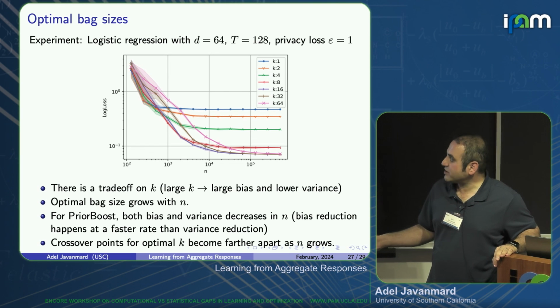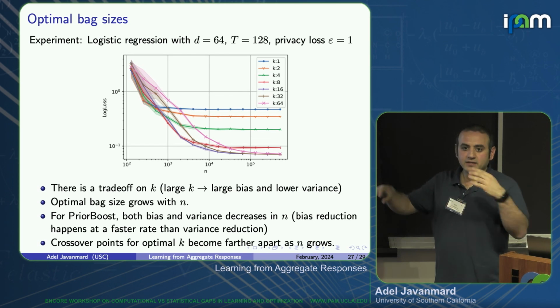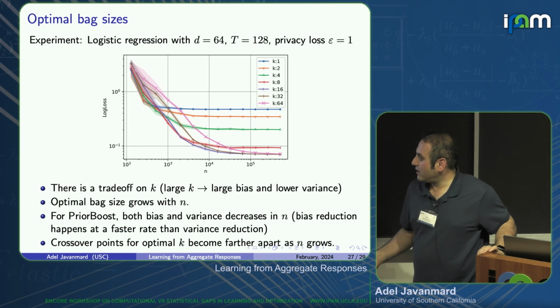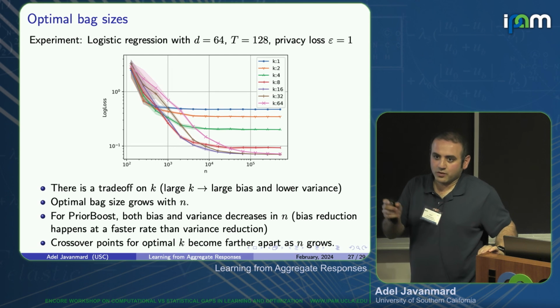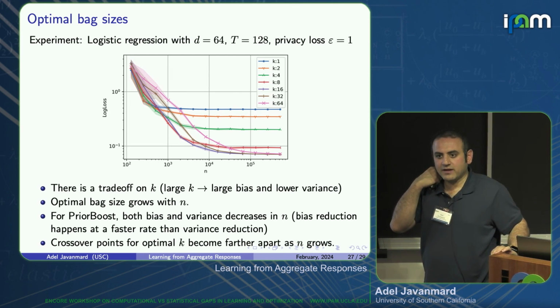So if n is larger, it means that the variance becomes more important than the bias. And because of that, larger k would be better, because larger k means you are aggregating over larger bags. Okay? But if n is small, then the bias becomes important, so you should go with smaller k, so you reduce the bias in the estimation that you have.